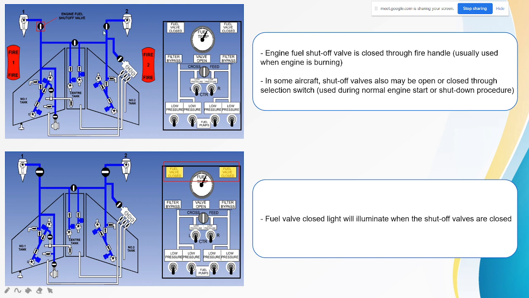The engine fuel shut-off valve is closed through the fire handle, which is usually used when the engine is burning. In some aircraft, shut-off valves may also be opened or closed through the selection switch, which is used during normal engine start or shutdown procedure. Next, the fuel valve close light, as usual, will be turned on when the valve is closed.